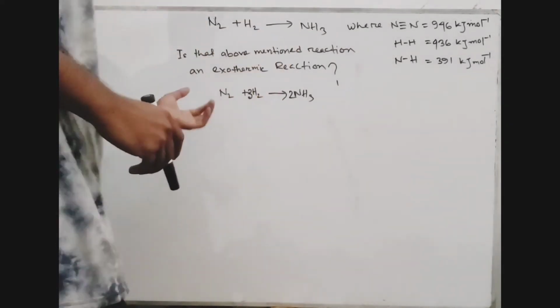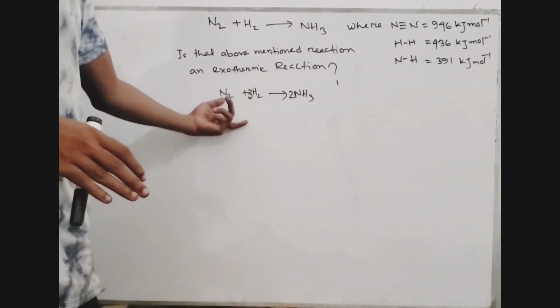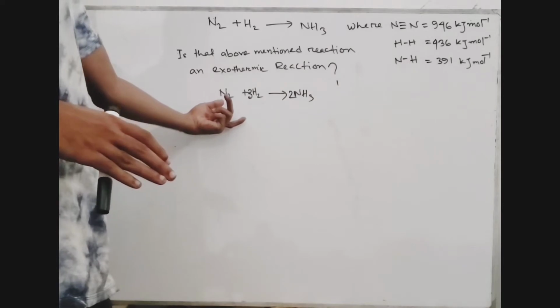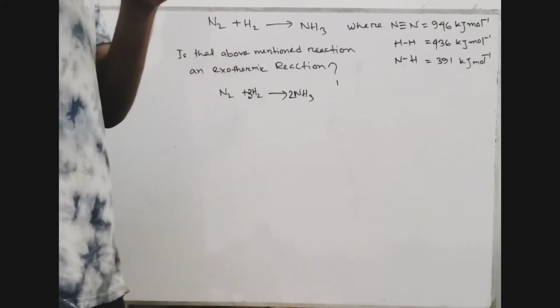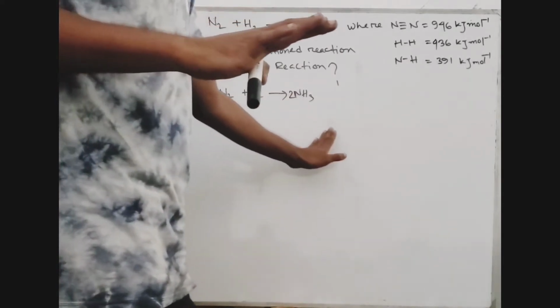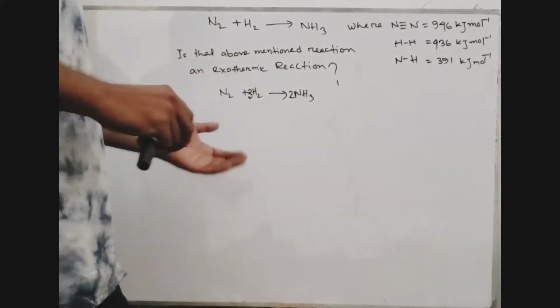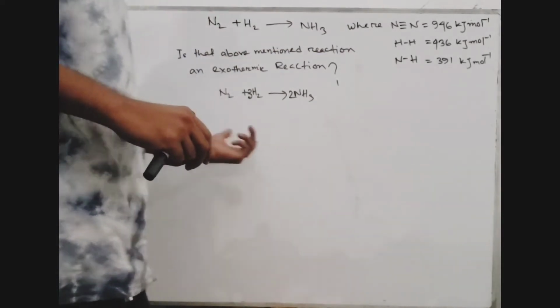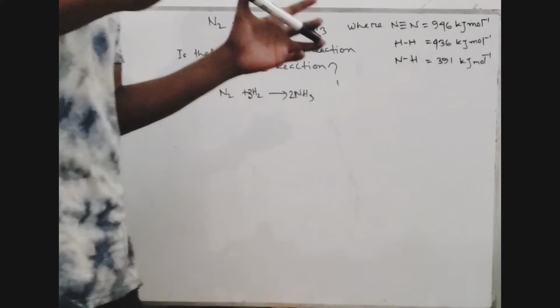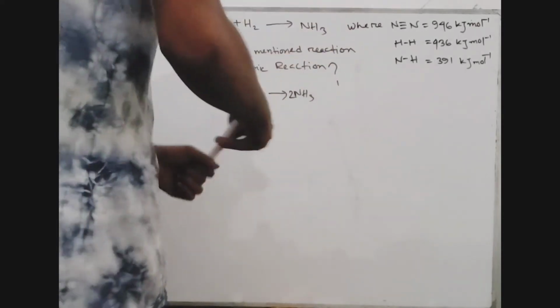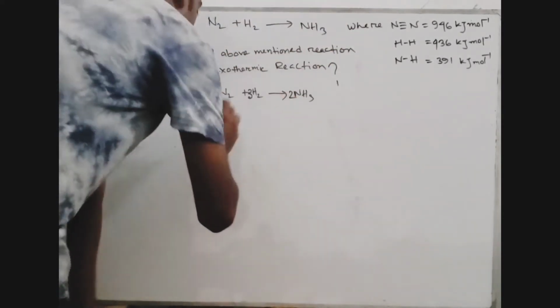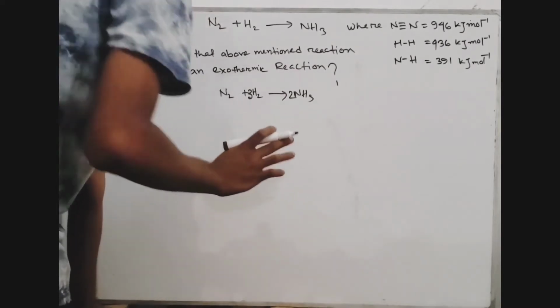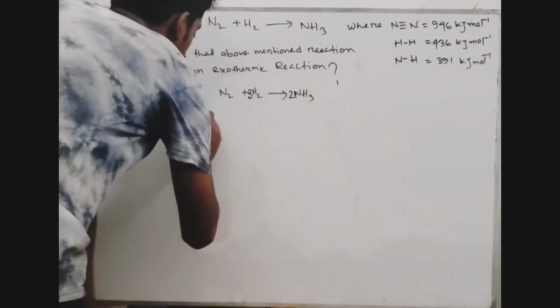Okay, you know, here the bonds are going to break down, and here they are going to build up. So break down and build up. When we calculate them, then we can understand the topic. So simply write it, and now write it in structural formula.